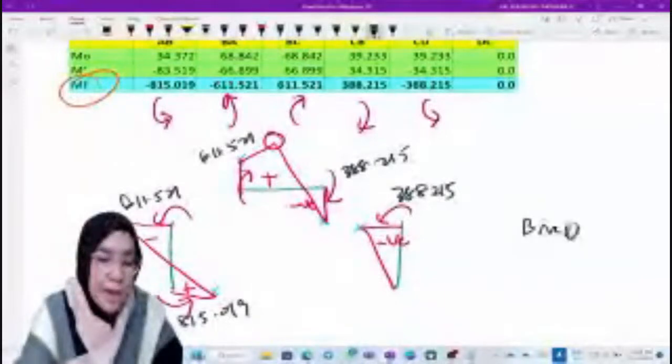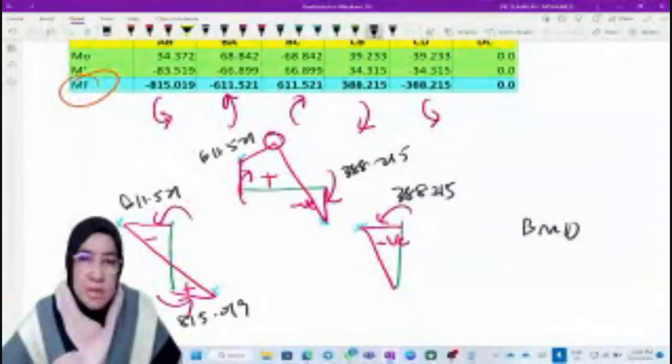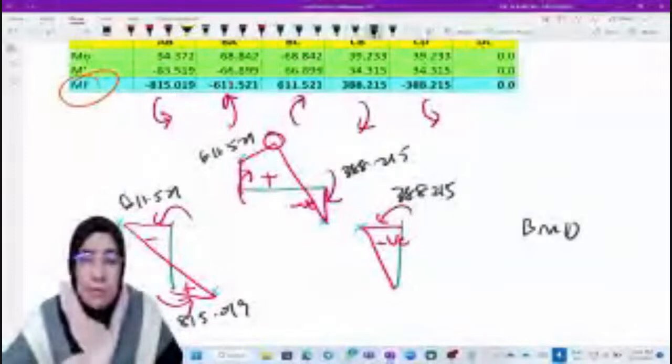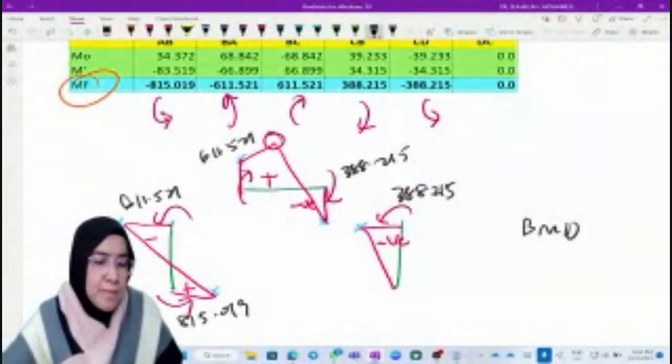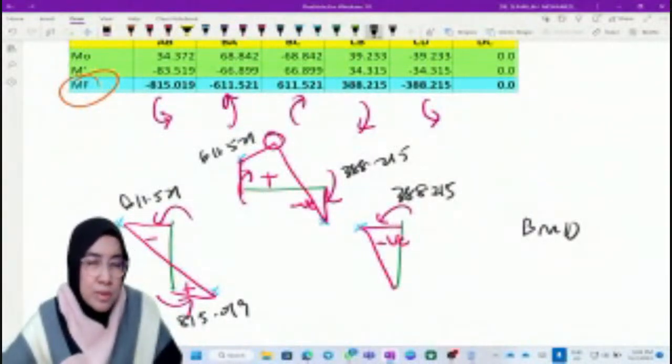So this is the bending moment diagram without the shear force diagram. Only the maximum moment we do not know the value, because we can only get that from the shear force diagram. And if we want to do that, we can only analyze member BC to determine the value.